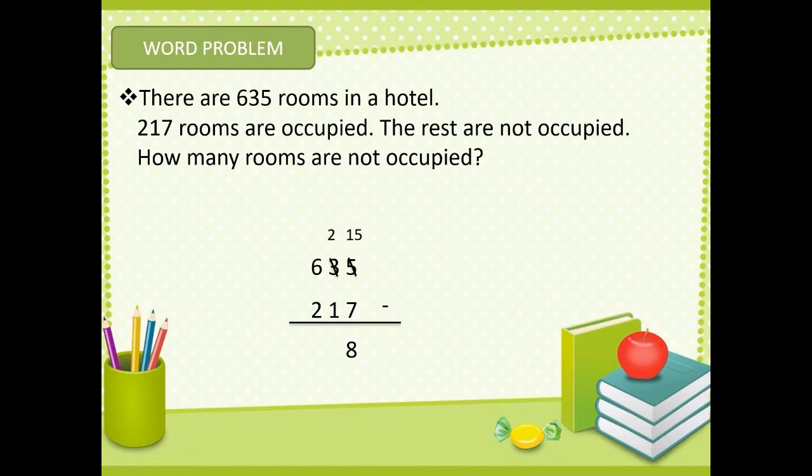Next, subtract the tens. 2 tens minus 1 tens equals, yes, 1. Lastly, subtract the hundreds. 6 hundreds minus 2 hundreds equals, yes, 4. So the answer is 418.